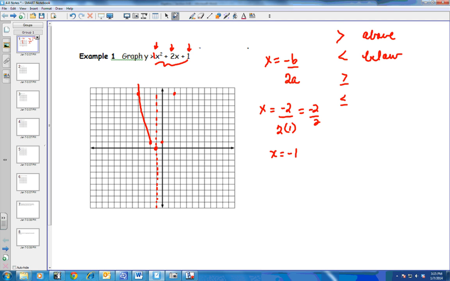Oh, before I connect those, this should be a dashed line because it's less than or greater than. So this is going to be a dashed parabola. It's not very pretty. And I'm supposed to shade greater than, so I'm shading above.